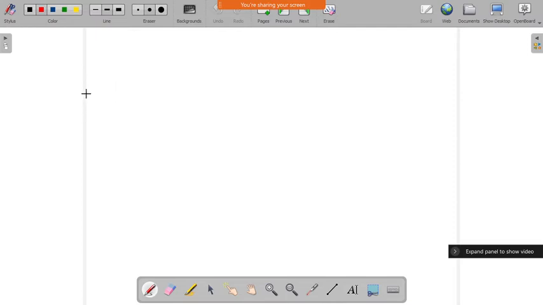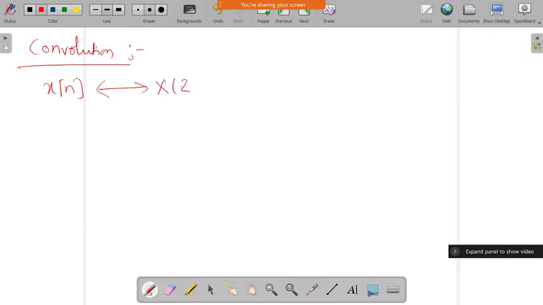So next it is the convolution property. Now if we take two signals convolving each other, what happens in the Z domain? That is the property. Let us take two signals, one is x of n with its Z transform pair x of z, and another one y of n with its Z transform pair y of z.